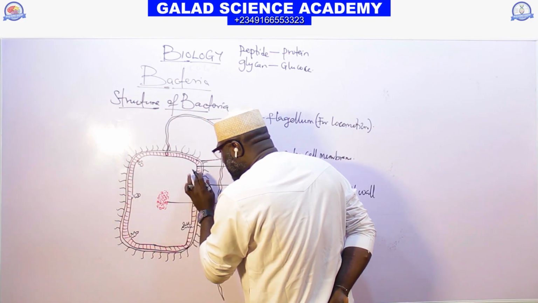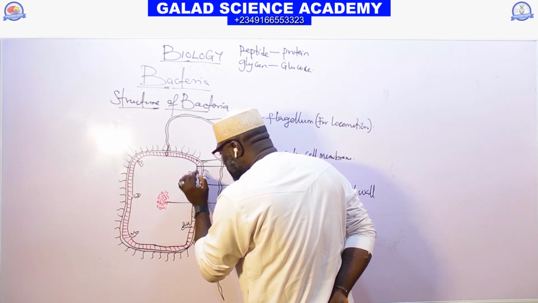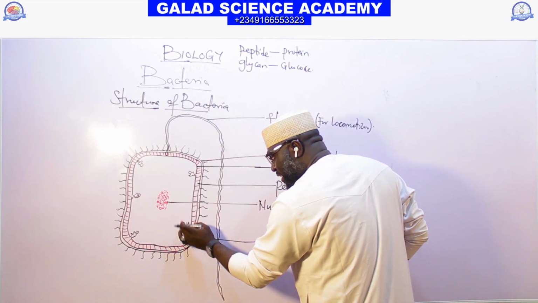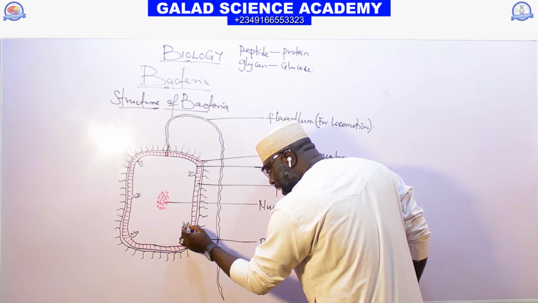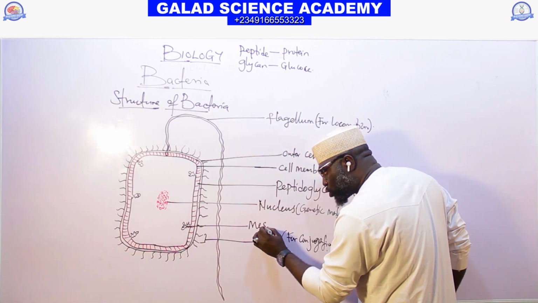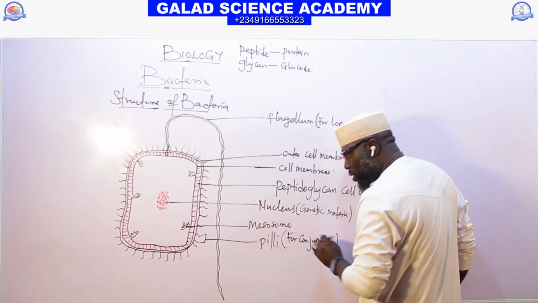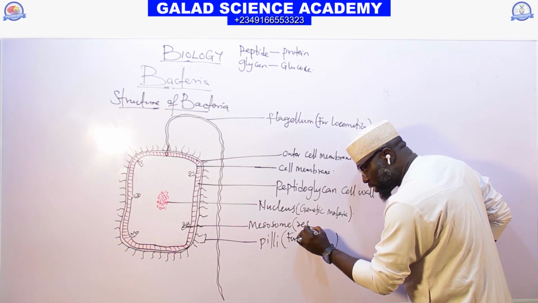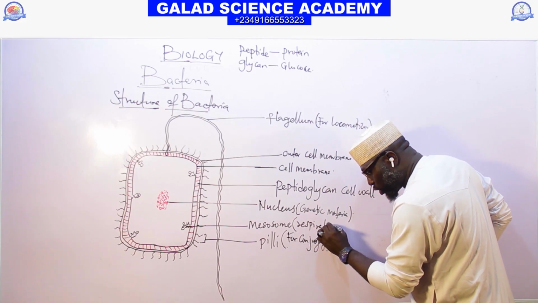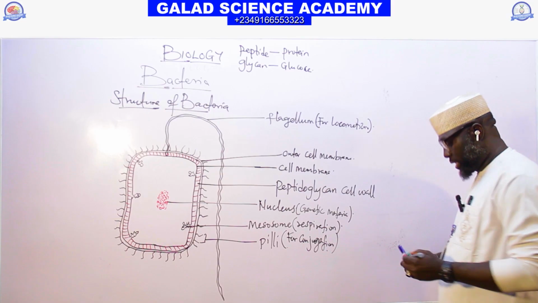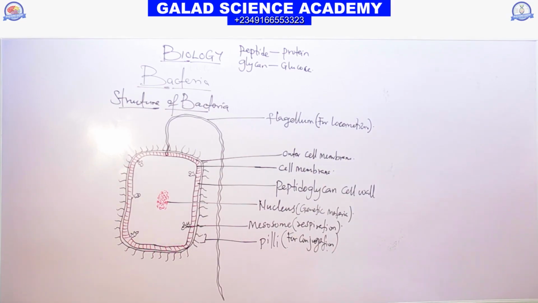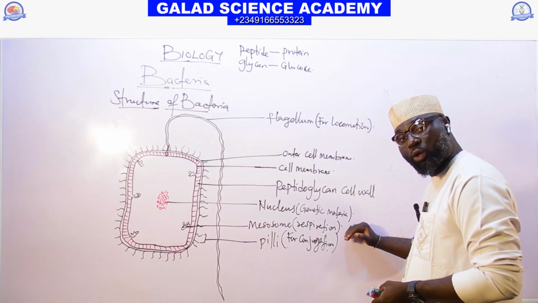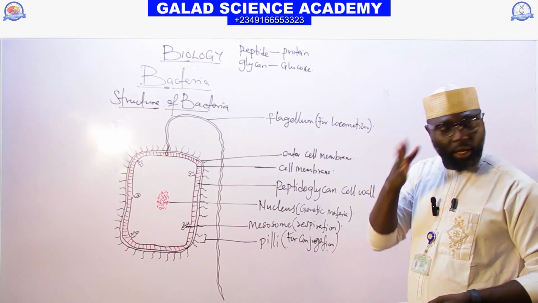This thing folded like a finger inside the cell of bacteria is what we call mesosome. This mesosome is used for respiration in bacteria, and I said it is equivalent to the mitochondria in eukaryotic cells.